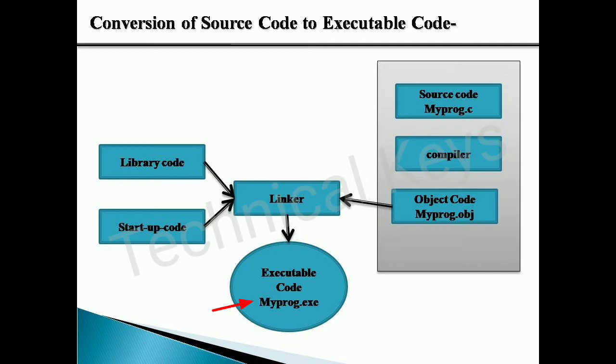Now both these files, the library code and the startup code, along with my ones and zeros file, will be linked together. Linked means grouped together, and together they will make an executable file, which will be my totally ready-to-run file.